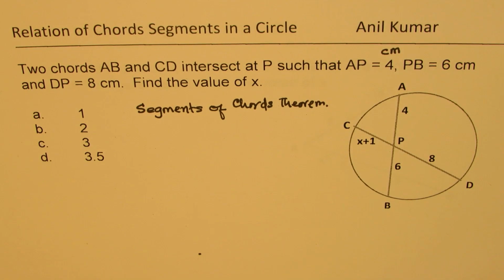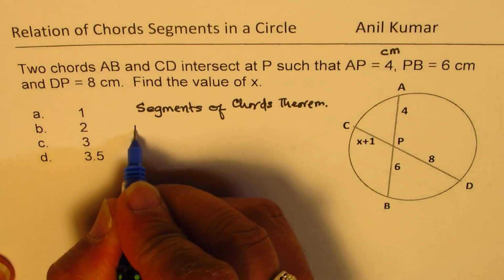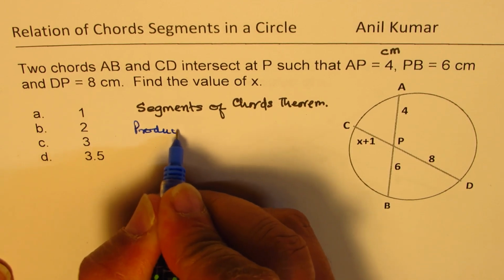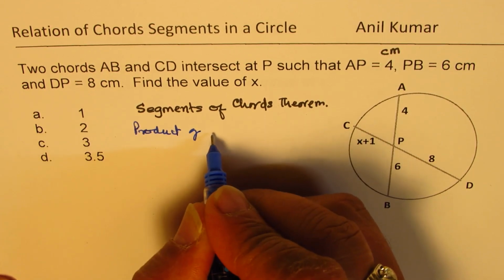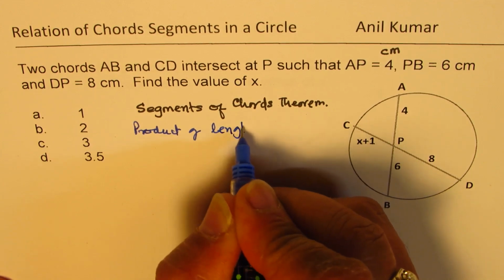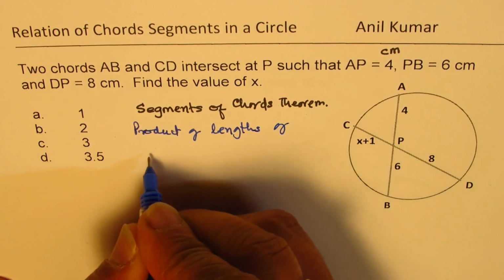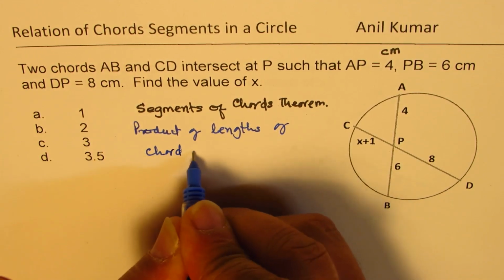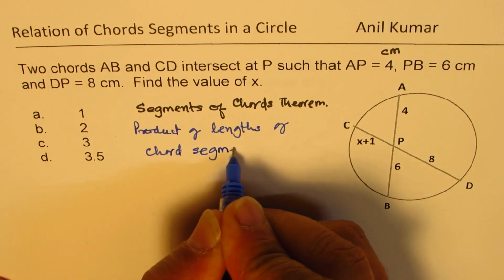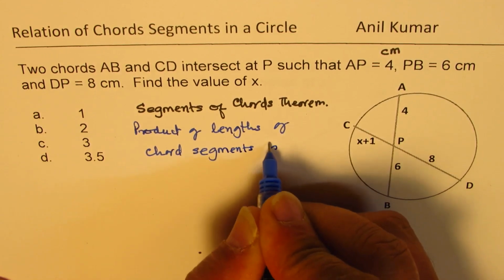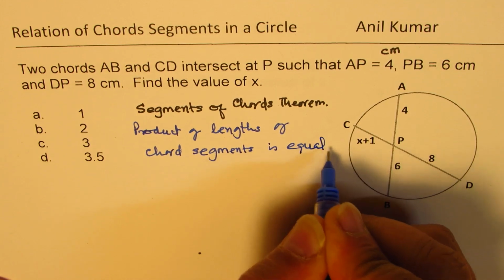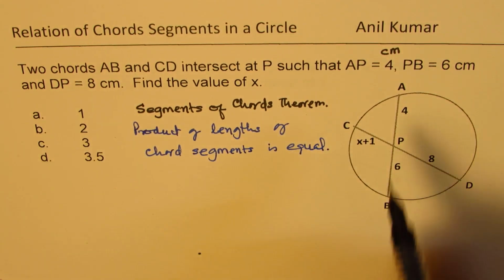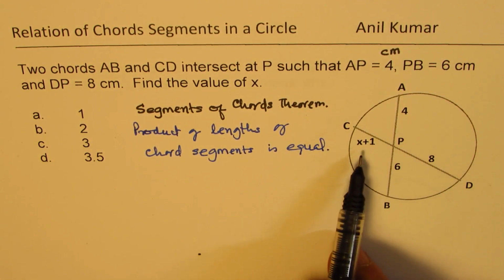So basically the product of chord segments is same. So that is the theorem. So based on this theorem, we can straight away find the value of X.